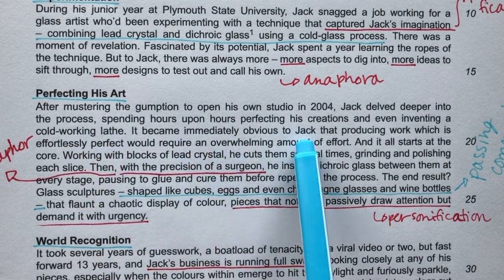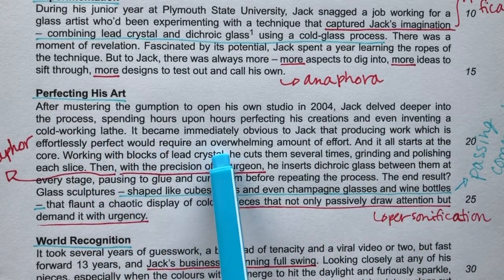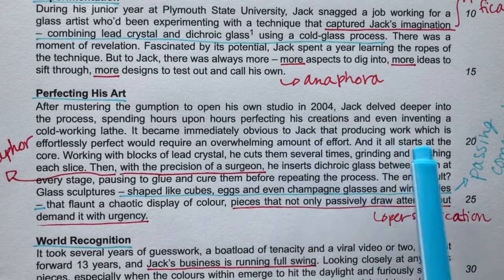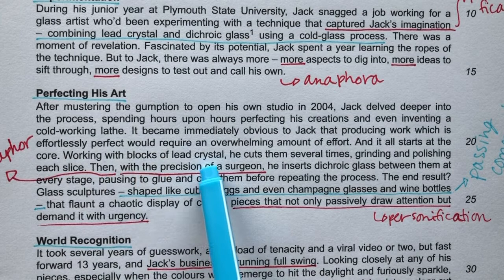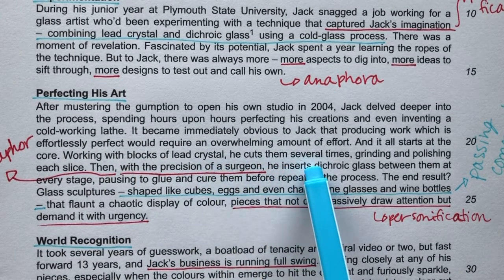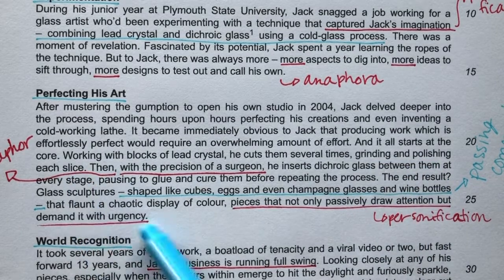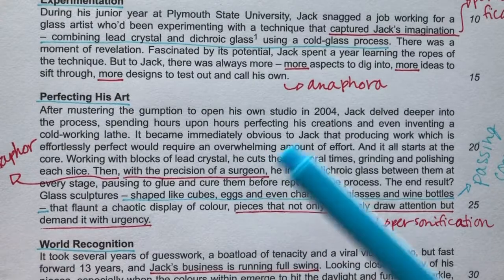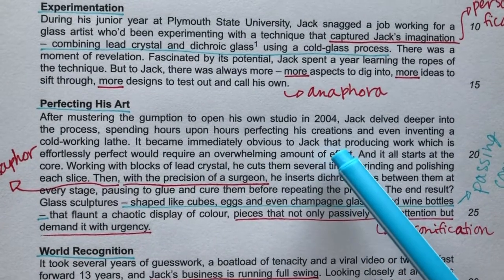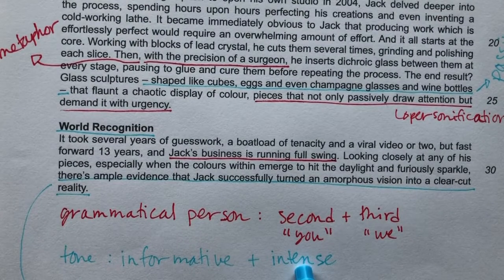It became immediately obvious, okay, to Jack that it would require an overwhelming amount of effort. And it all starts at the core, working blocks of lead crystal. He cuts them several times, grinding and polishing each slice. Okay, so I get that it's intense work that it took to get him to where he is, which is why I say that the tone is pretty intense there.